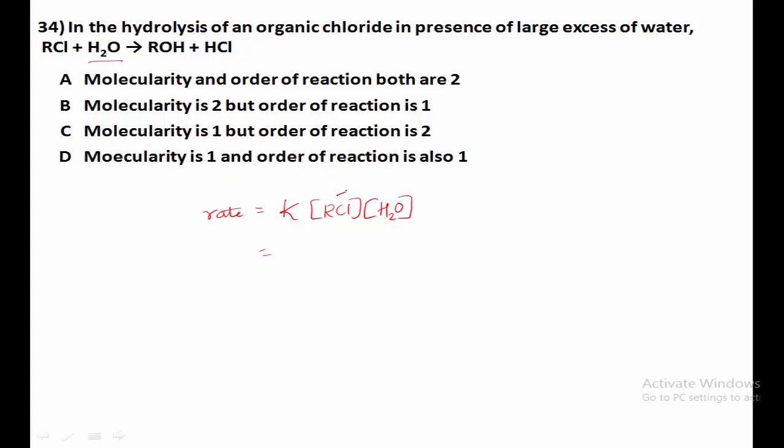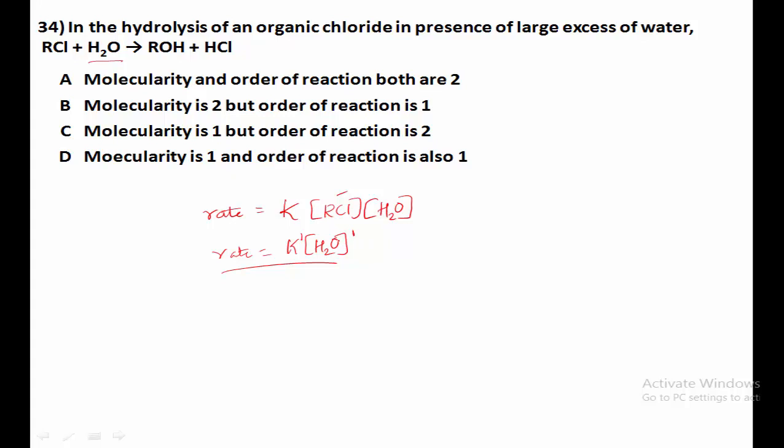We will neglect the change in concentration of water, because it is present in high excess amount. Hence, this k[RCl] is considered as k', where k' is k into the concentration of alkyl chloride. So now if you observe this, the order of reaction will be 1.